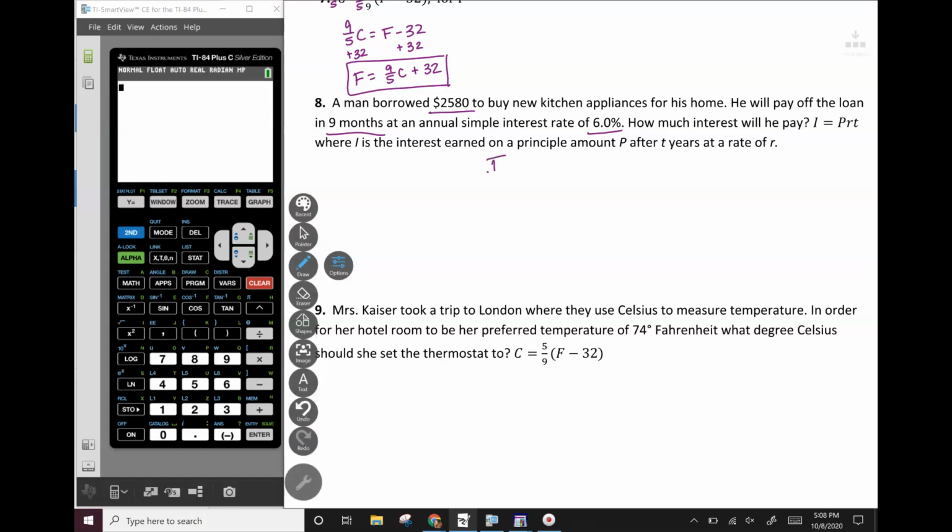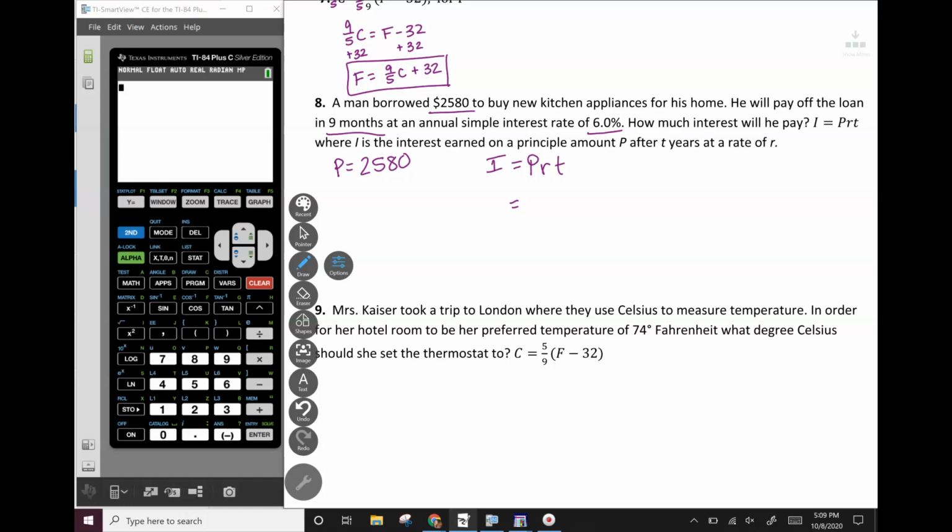So basically the formula, I equals PRT, calculates simple interest for you, where P is the principal amount, which is the initial amount borrowed or invested, but in this case borrowed. So our P is 2,580. That's the principal amount. And then we're looking for I, so we don't know that yet, right?